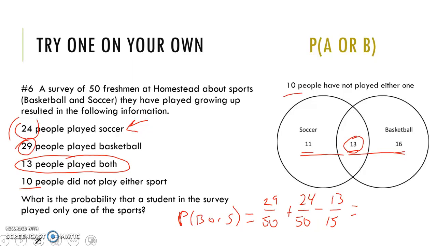And so that's going to be a total of, I think, 27 out of 50. Maybe that's not right. Is that right? 29 plus 24, that's 43. This is 50 here, by the way. I messed up there.